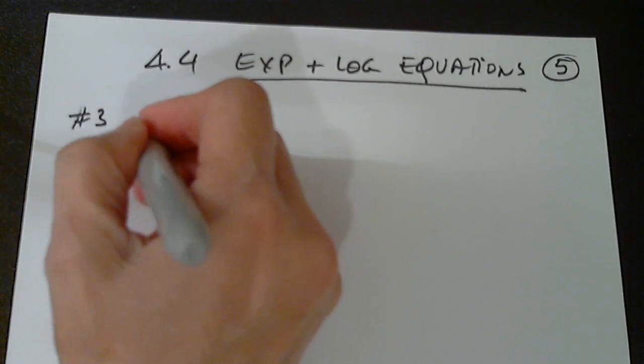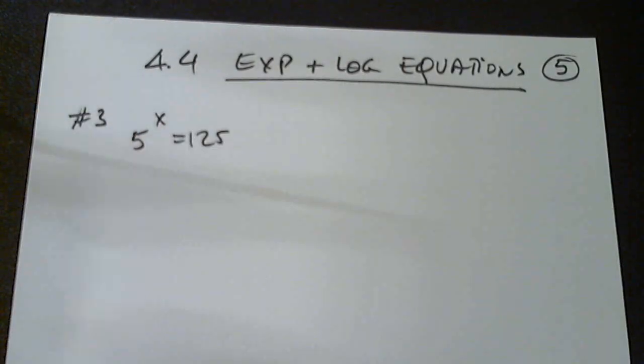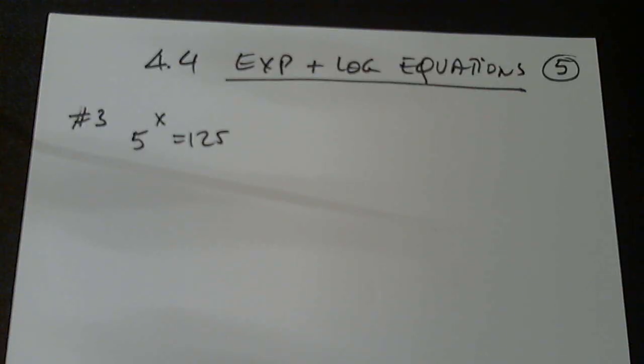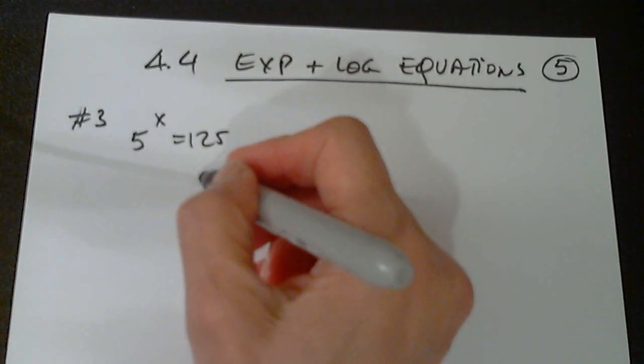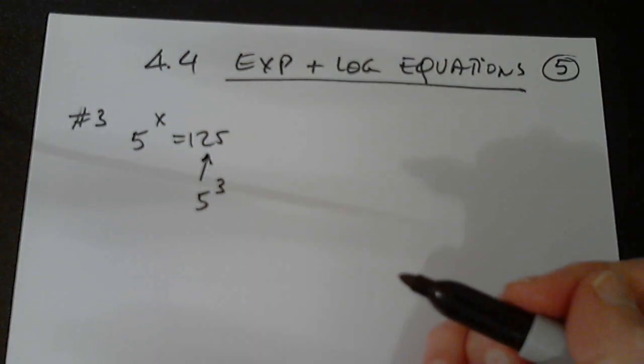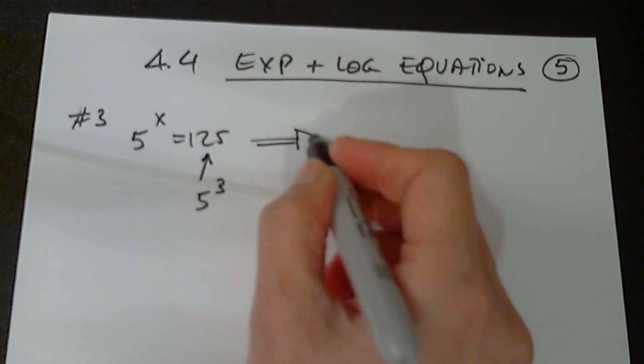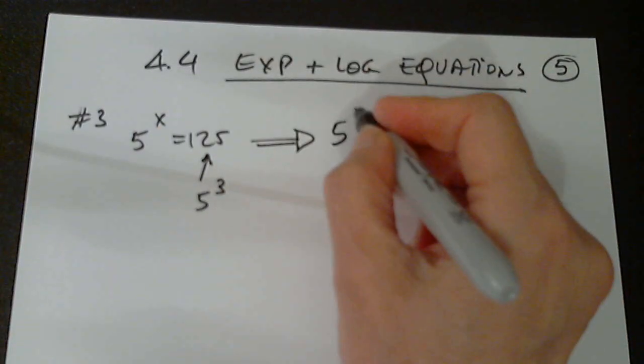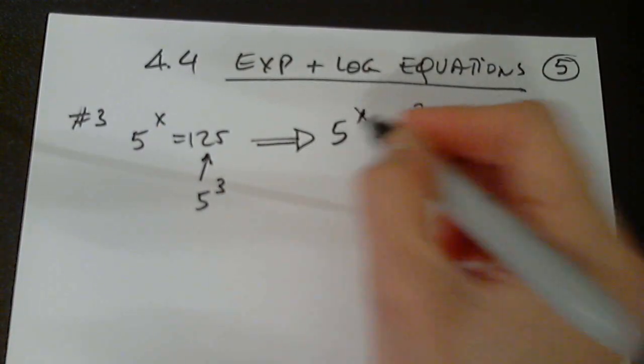So this is 5 to the x equals 125. Why I consider this easy is because it's not difficult to see that 125 is 5 to the third. So obviously the whole equation changes into 5 to the x equals 5 to the third.